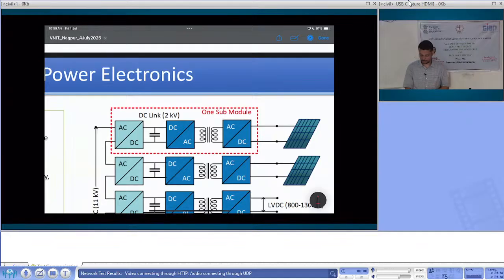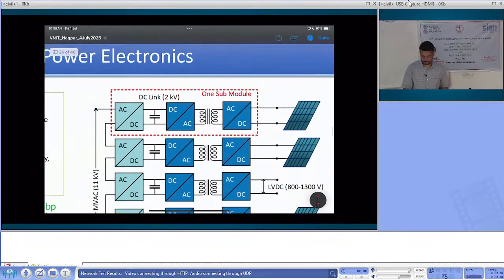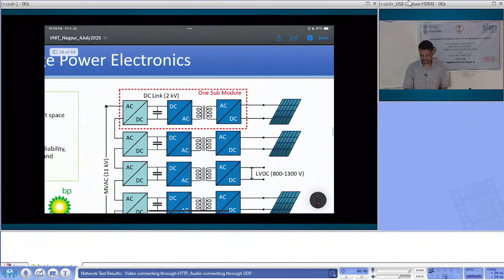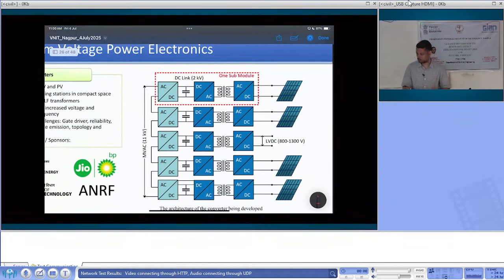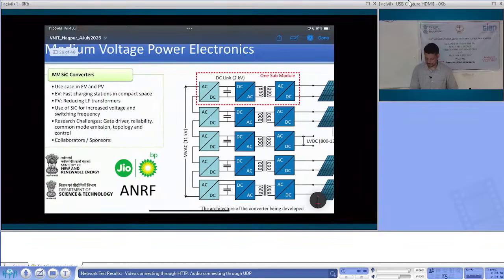And all these blocks that you see include silicon carbide devices. This is one architecture, of course there could be many more, and here we are using cascaded H-bridge on the left side, and we are connecting multiple such voltages in series to create a 11 kV output voltage. You can think of many more architectures here, but this is roughly the basic idea.